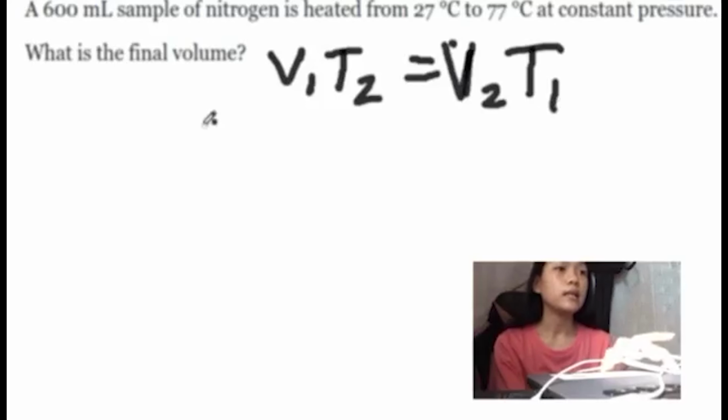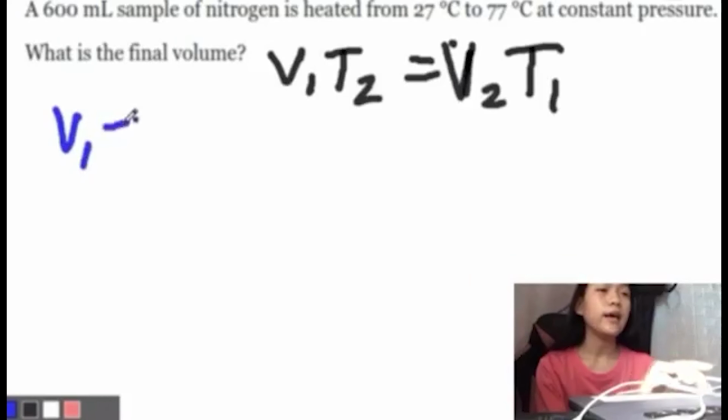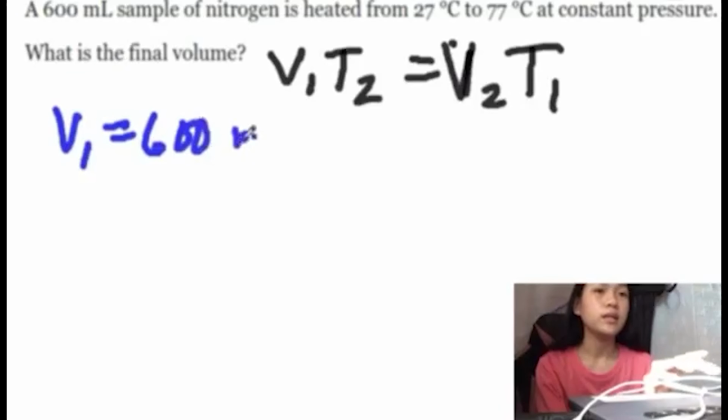You have a 600 ml sample of nitrogen gas that's heated from 27 degrees Celsius to 77 degrees Celsius at constant pressure. And of course, that is a constant amount. What is the final volume? So again, in every expression, you have to segregate the final. The 600 ml sample is your V1, and you heat it from 27 degrees to 77 degrees.